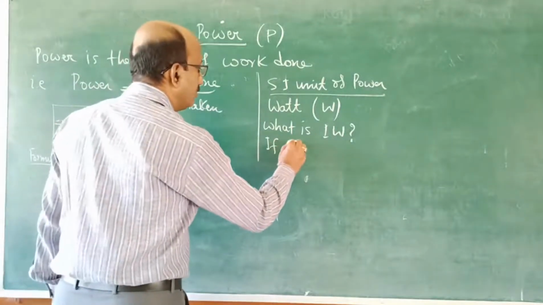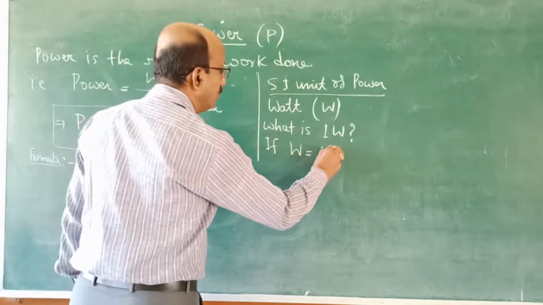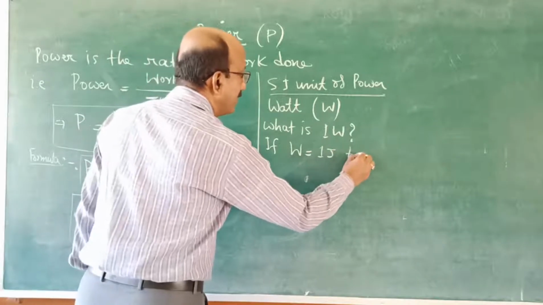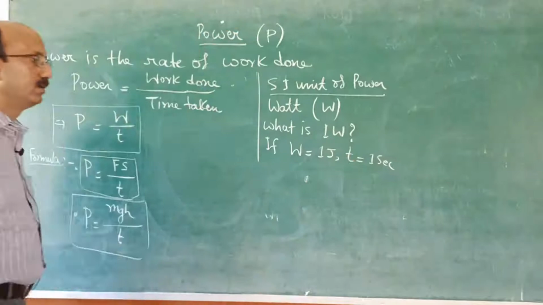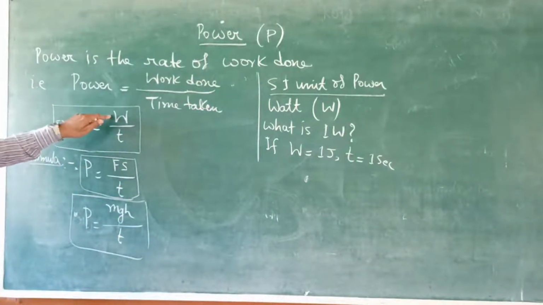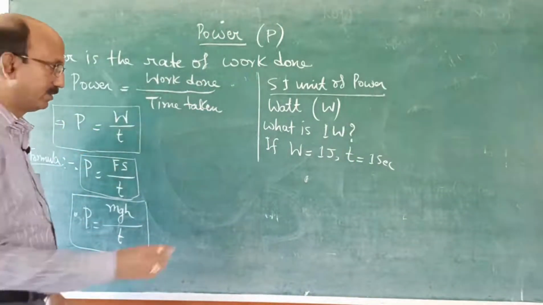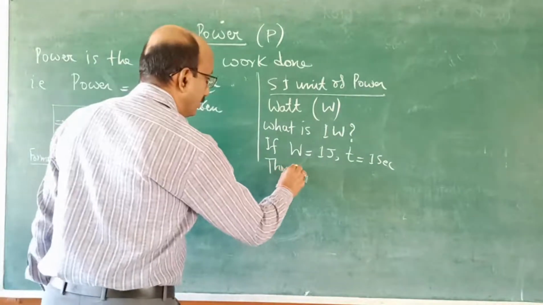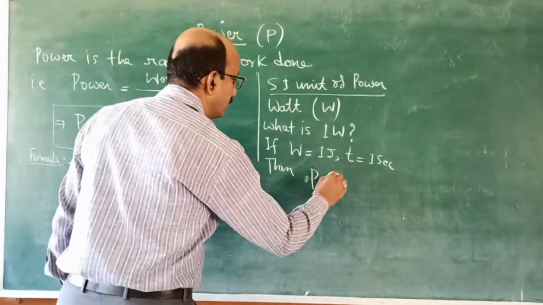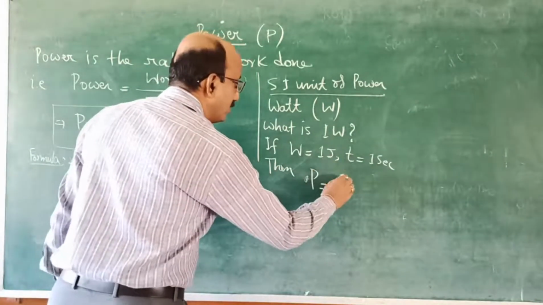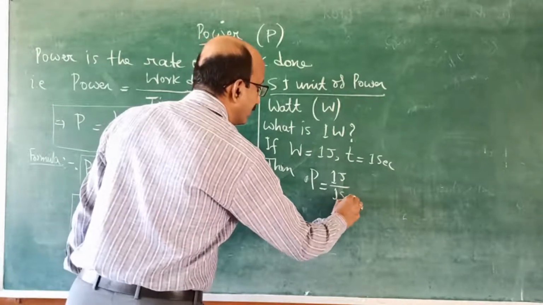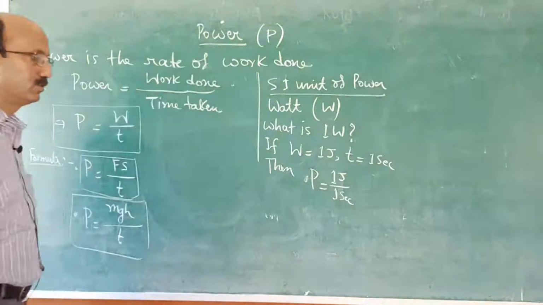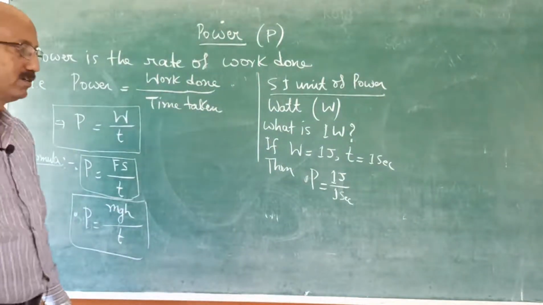If someone performs a work of 1 joule and the time taken is 1 second, then power equals work done by time taken. Work done is 1 joule, time taken is 1 second. So we get 1 joule by second.